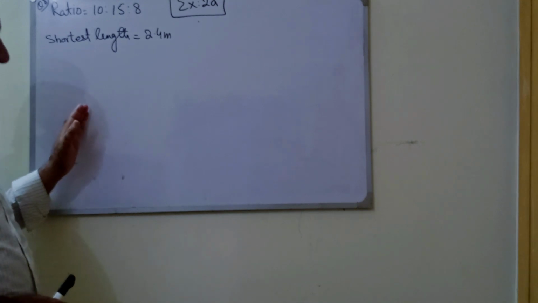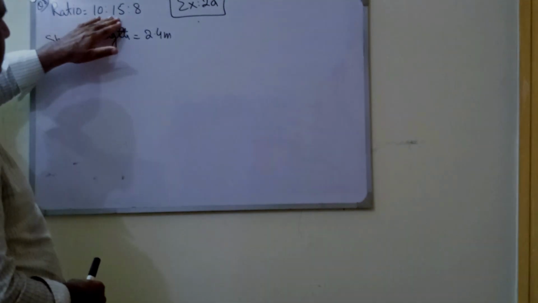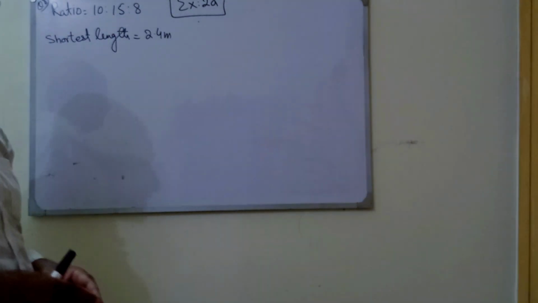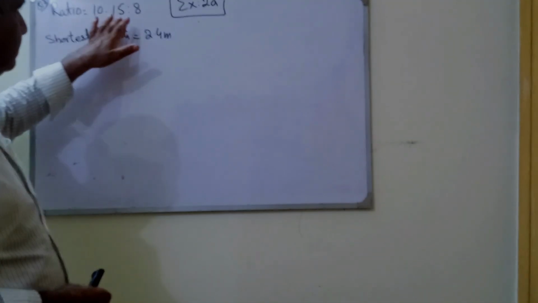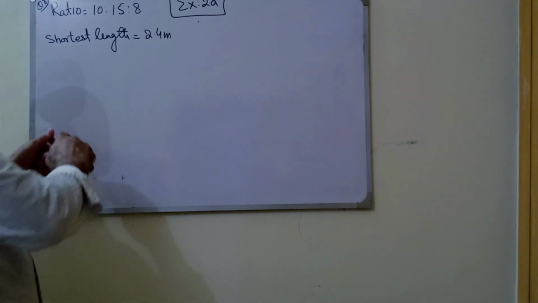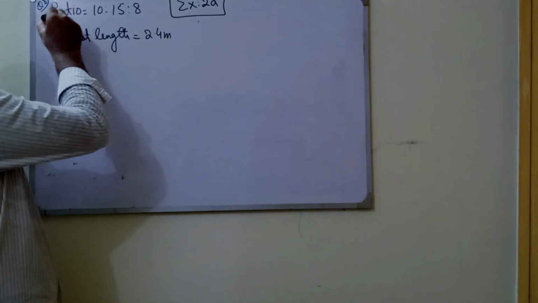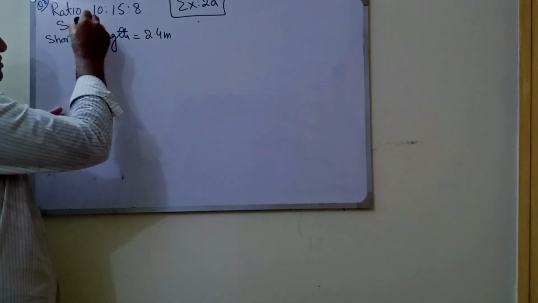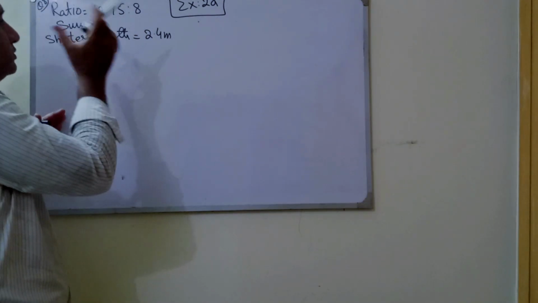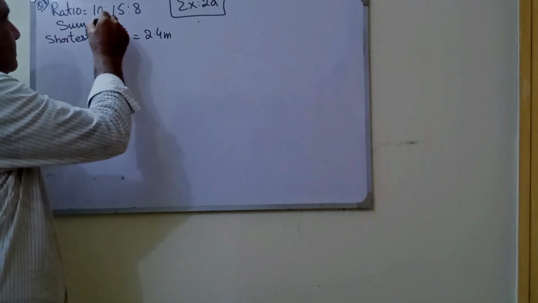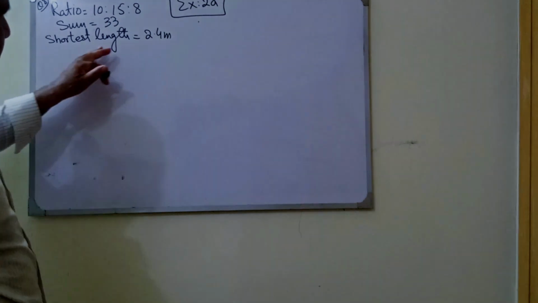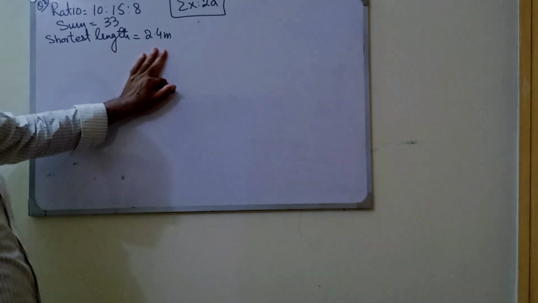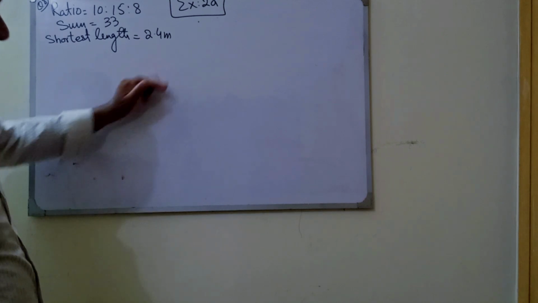Now here what we will do, it is given in question number 8 that the ratio of 3 lengths is 10, 15 and 8. So we'll find here the sum of the ratio. So here the sum of ratio is 33, right? The shortest length is 2.4 and he is saying find the difference of the other two lengths.